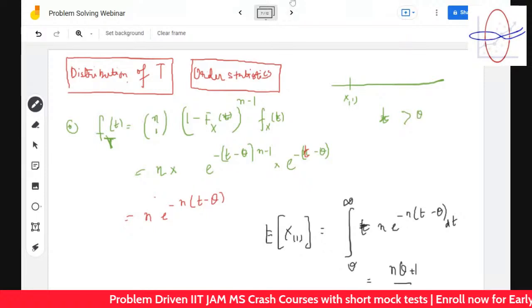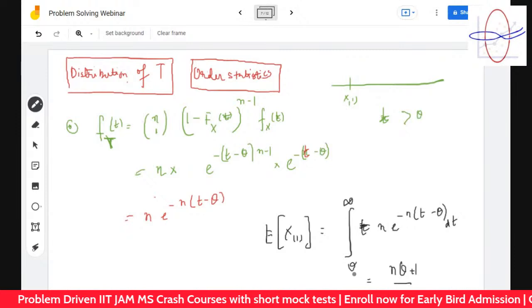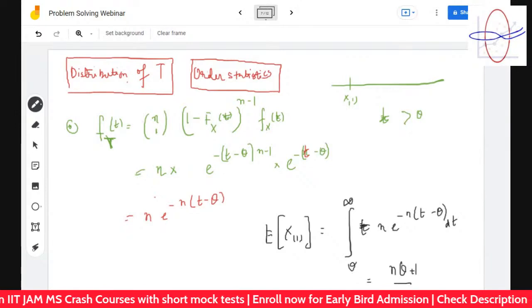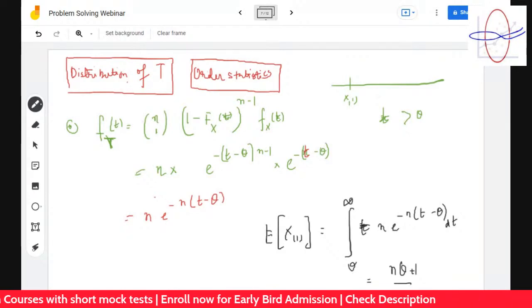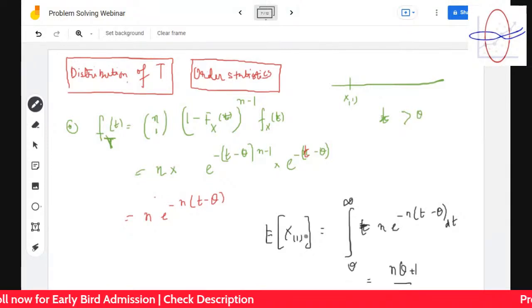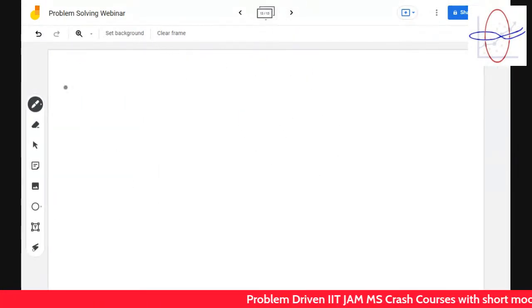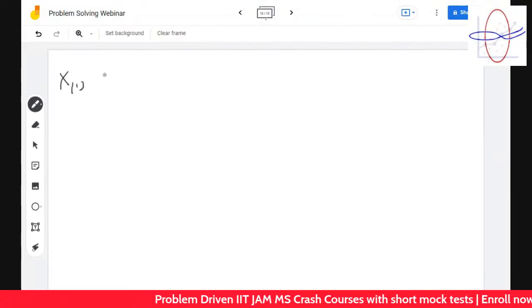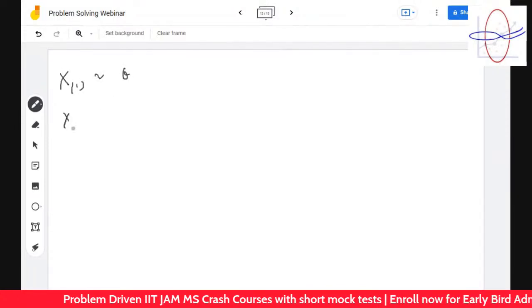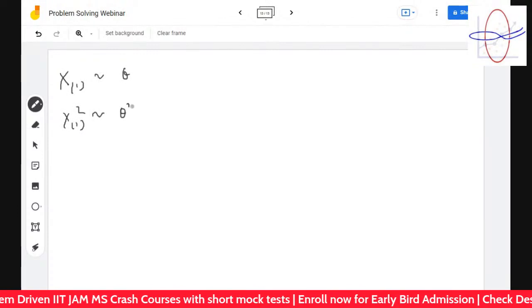So therefore, if x1 gives an idea about theta, then x1 square will give an idea about theta square, right? That's an intuition. The fuzzy logic that I'm using here is that if x1 gives an idea about theta, then x1 square will give an idea about theta square.